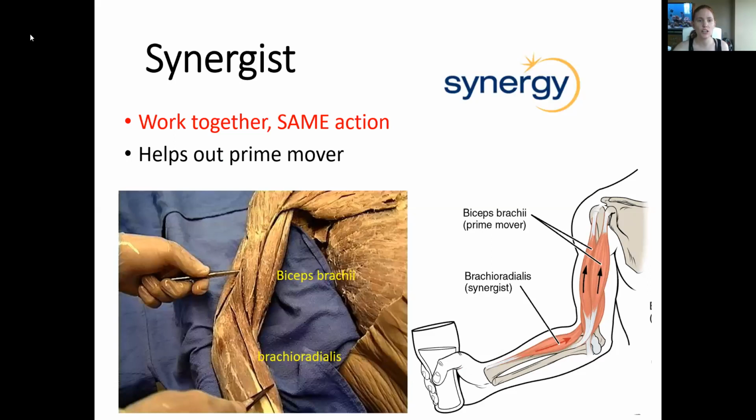Okay, next one, synergist. If you think about synergy, like, oh, this company has synergy, that means that they are stronger together. That's really what it means. You're stronger together than you are individually. So what a synergist for a muscle is, it's a muscle that's helping out with the same action.